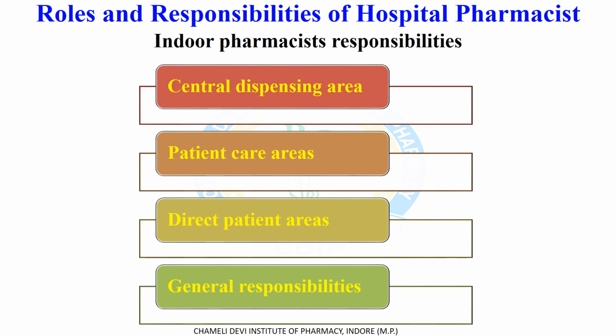In the third area, direct patient area, pharmacists play a role in identification of drugs brought into the hospital, obtaining patients' medication history, assisting in the selection of drug products, monitoring patients' total drug therapy, counseling patients, and participating in cardiopulmonary emergencies.